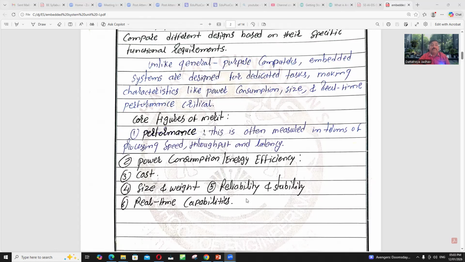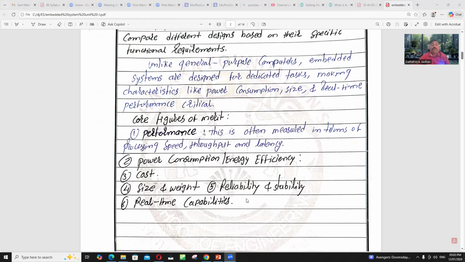So power consumption is a very important parameter for checking the performance of the embedded system. Energy efficiency: what is the capacity of that? It's like when we charge a laptop for 1 hour, it works for up to 8 hours. That shows the efficiency of that energy.